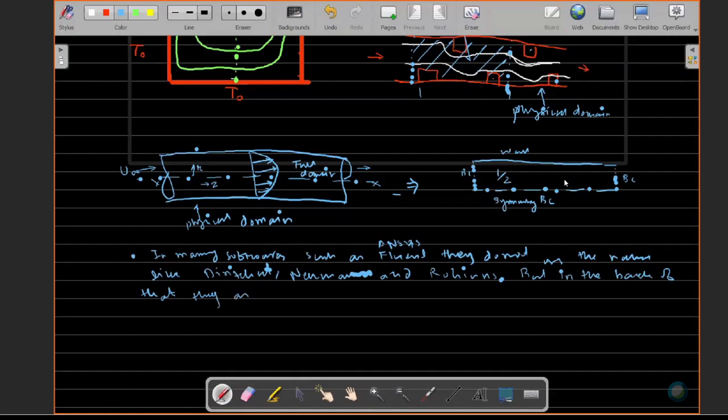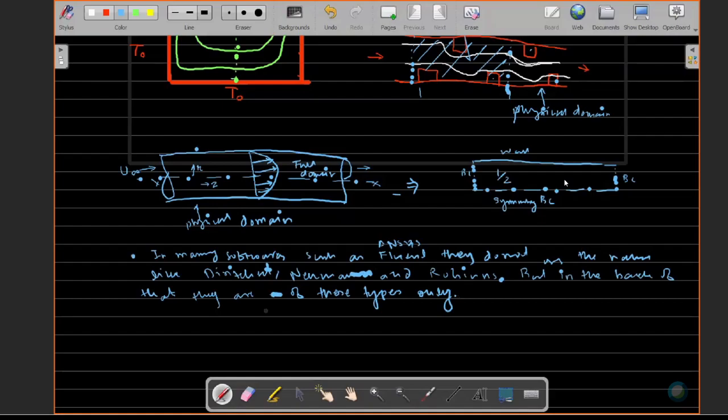They are variants. They are of these types only. So these are three types.